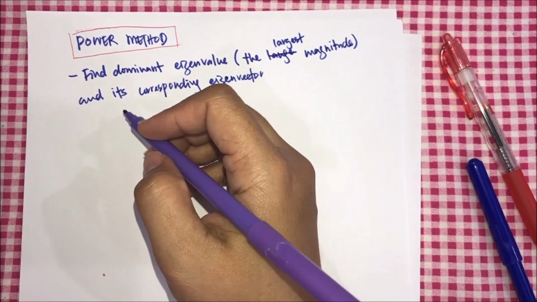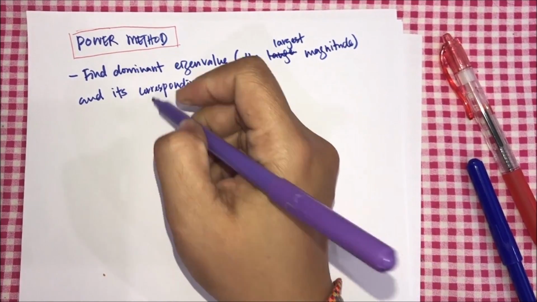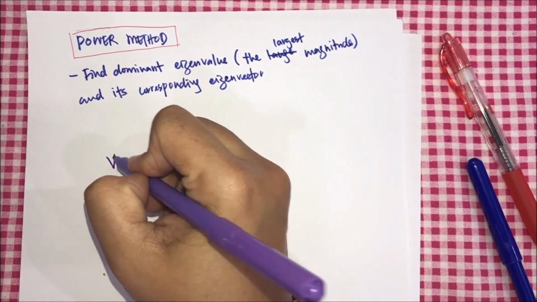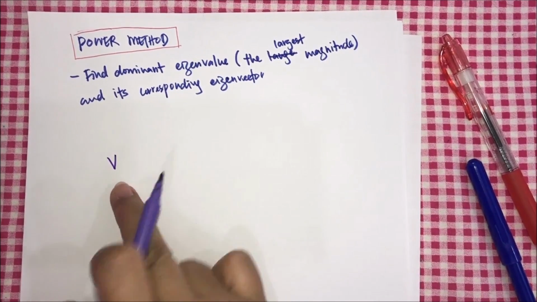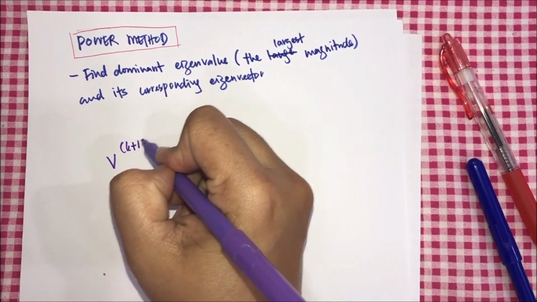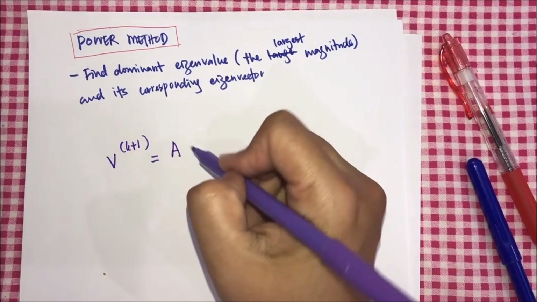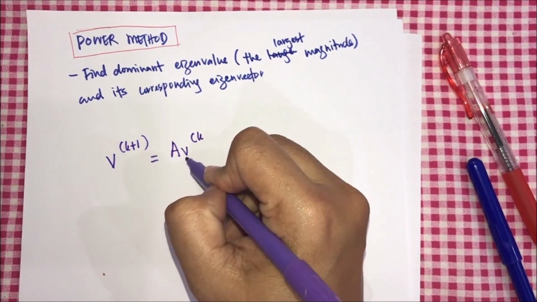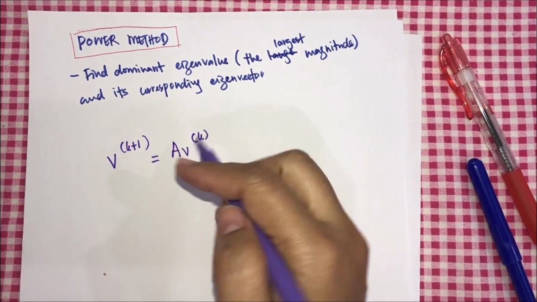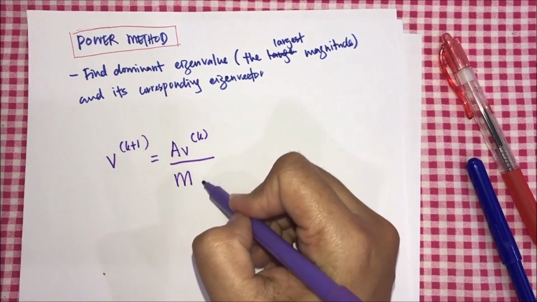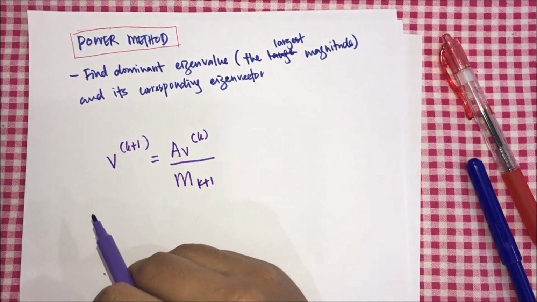The formula of the eigenvector at level k plus 1 will be equal to the matrix A, the square matrix, times the eigenvector at level k, over m k plus 1.